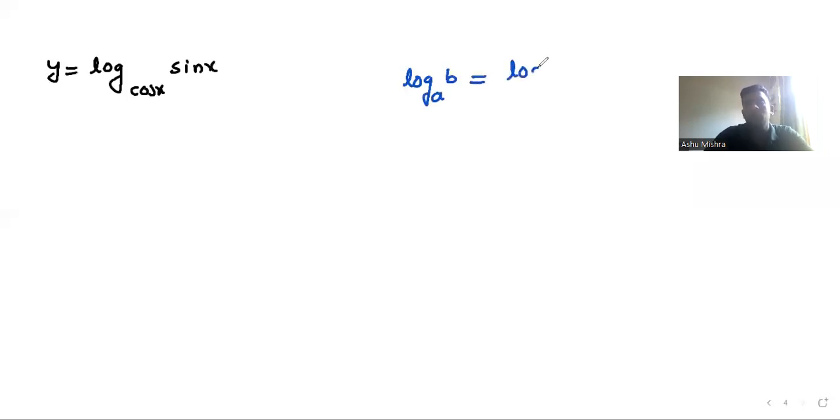Suppose we have one more question. y is equal to log base cos x of sin x. Before doing this question, you know very well log a base b is equal to log e base b over log e base a.